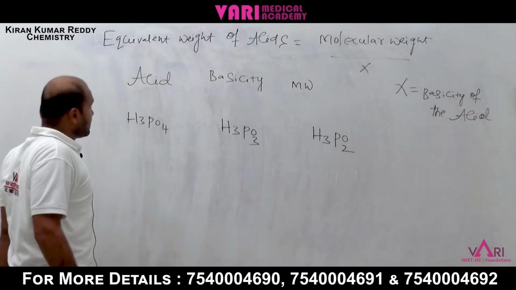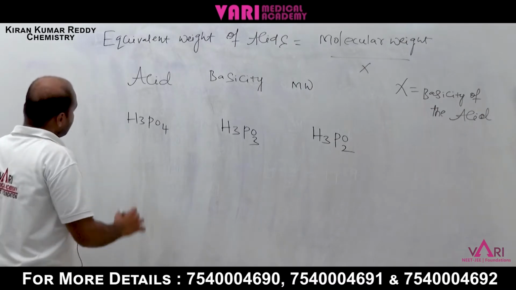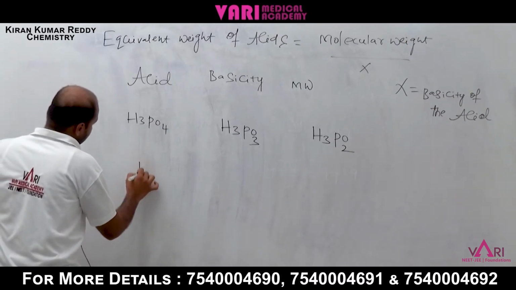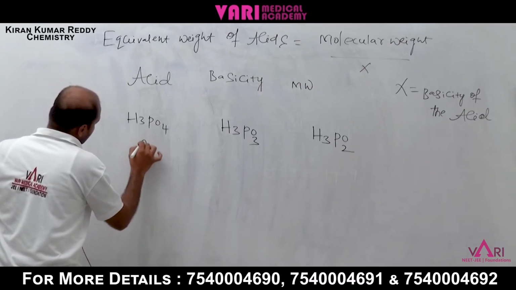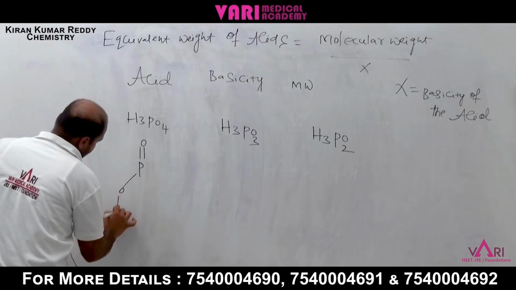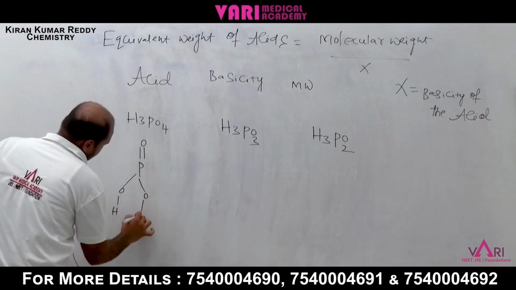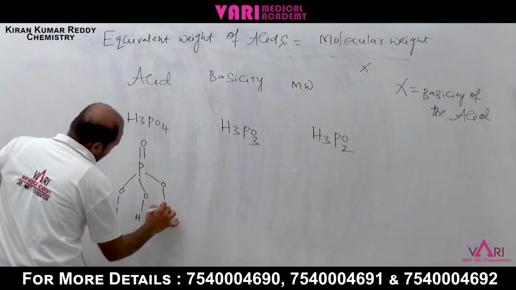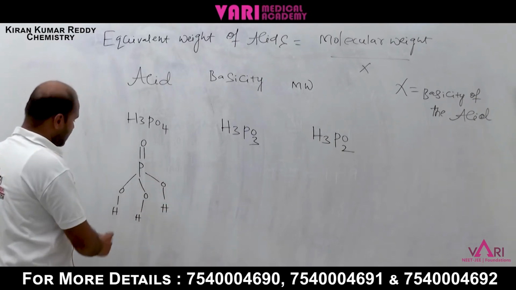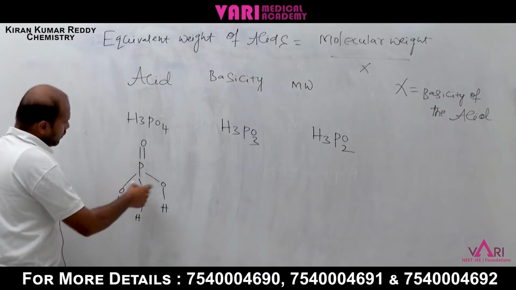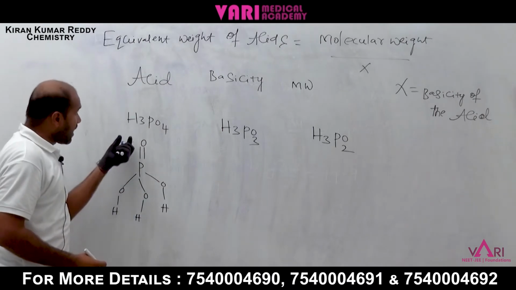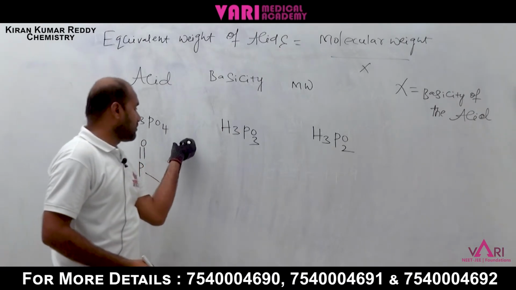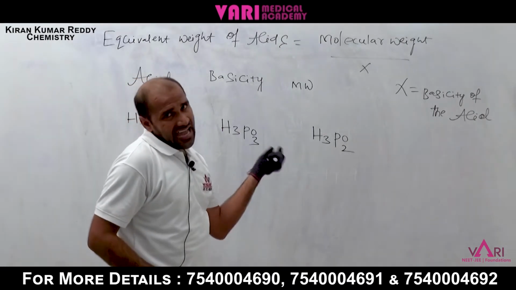If you take H3PO4, I write the structure: P double bond O and OH, here also OH, here also OH. This one is H3PO4, a phosphorus oxy acid.